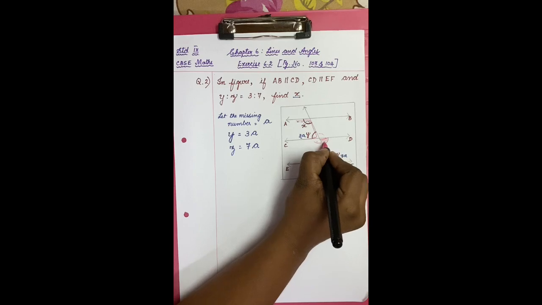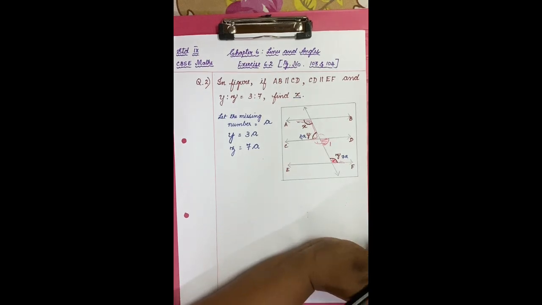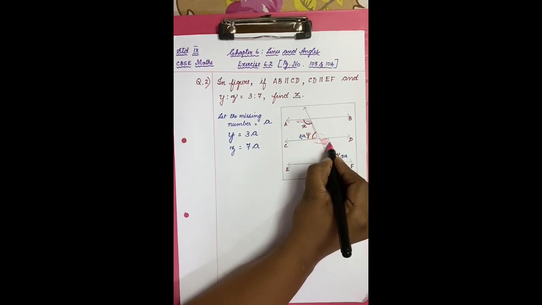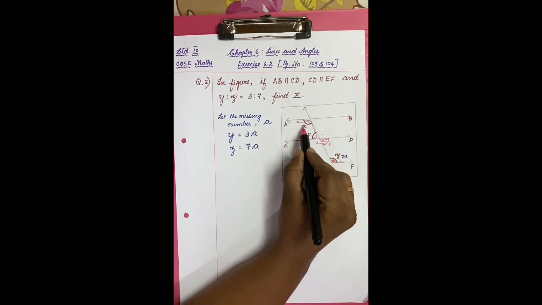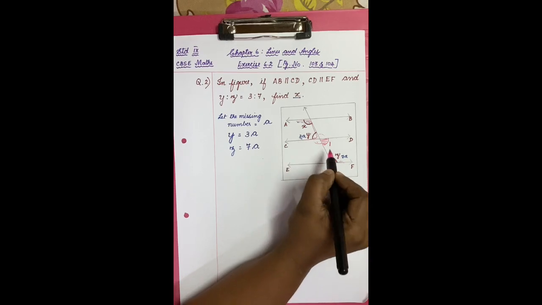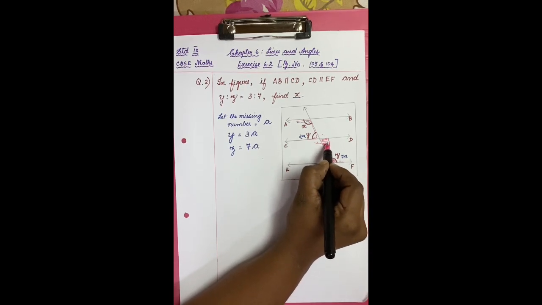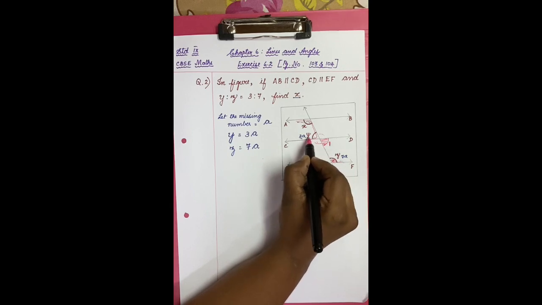So let me label this angle as angle 1. I am introducing a new unknown angle, and instead of using another variable, since x, y, z, a are already there, I will introduce this as angle 1. Now what can I say about angle 1 and y?